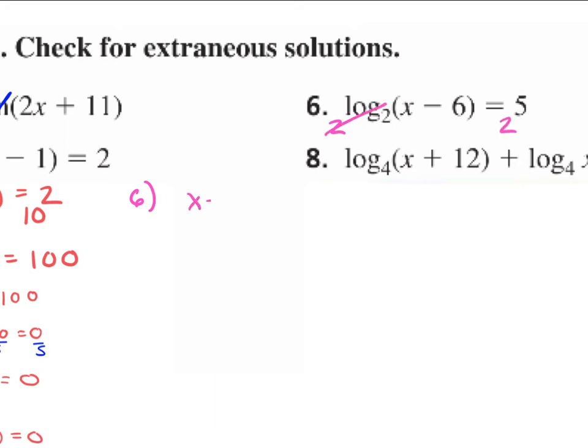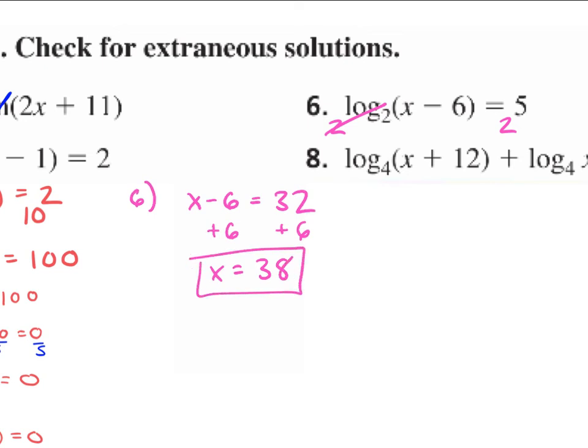So we're left with x minus 6 is equal to 2 to the 5th power. What's 2 to the 5th power? 32. Now we just solve for x. Add 6 to both sides. x is equal to 38. Any questions here?